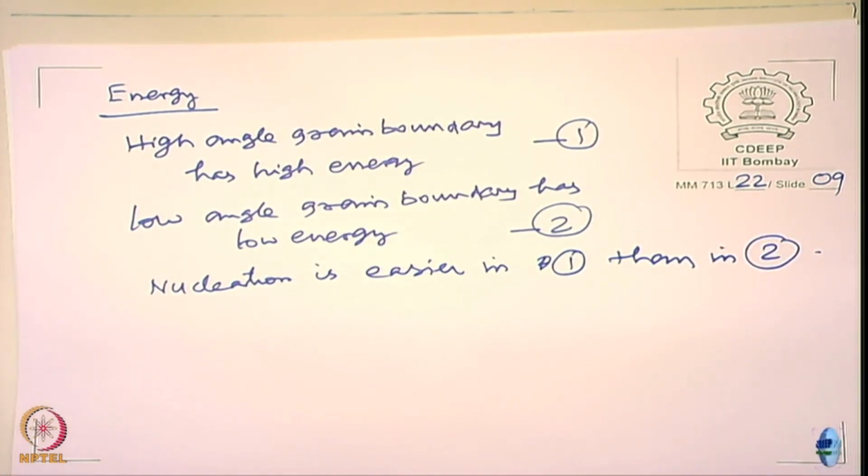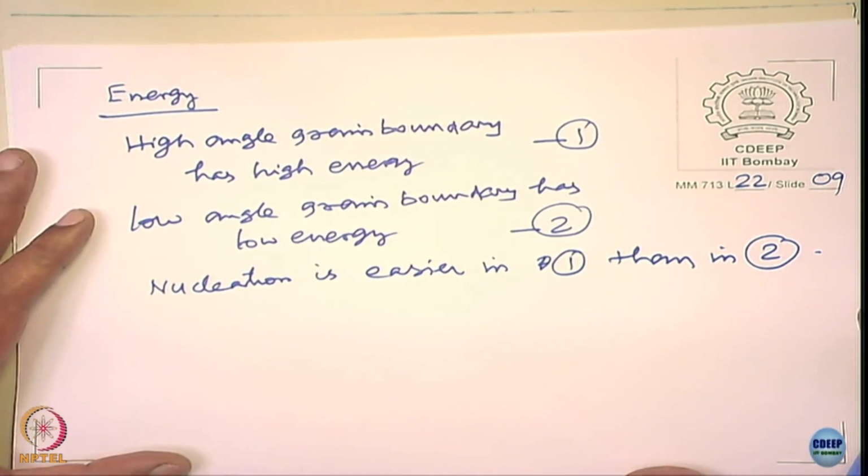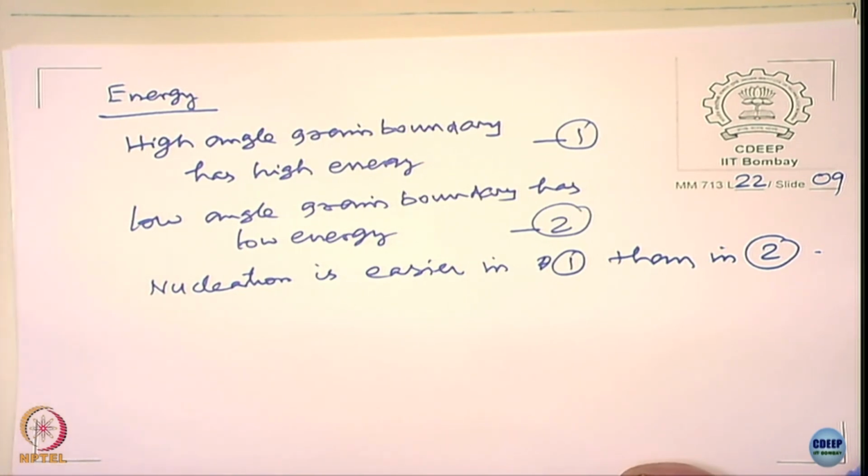So if you make the alloy with low angle grain boundaries, then the alloy will still undergo sensitization, but at a much lower kinetics.